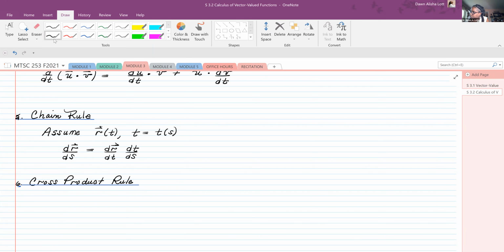That is the derivative with respect to t of u cross v, and that is equal to the derivative of u with respect to t cross v plus u cross dv dt.